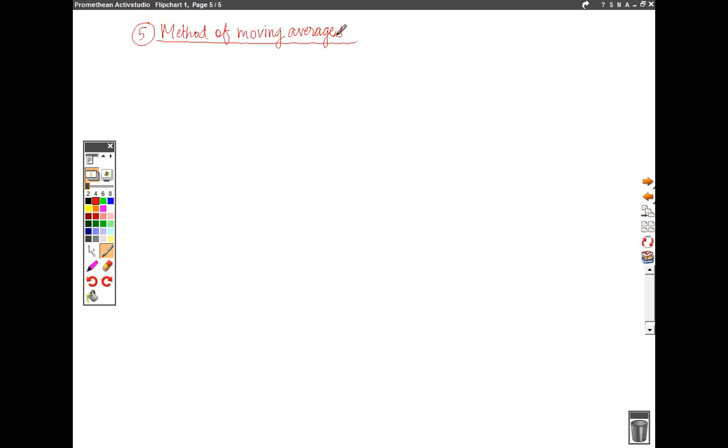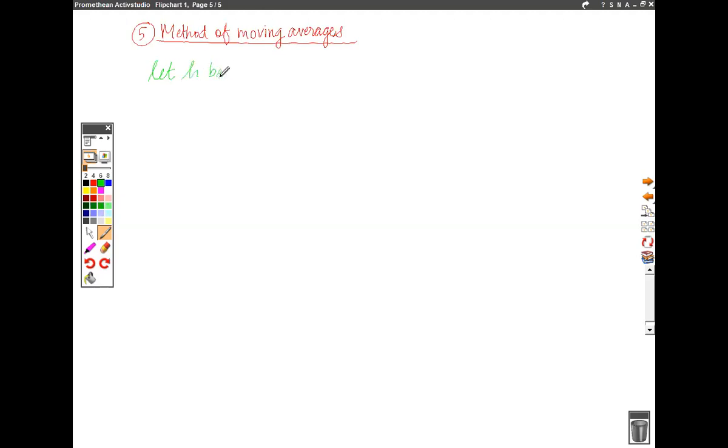So what happens here is, when I'm talking about the method of moving averages, so we have y and x. Okay, so when I'm talking about the method of moving averages, let h be an integer. So I'm just writing some formalities now. I'm letting h be some integer value.